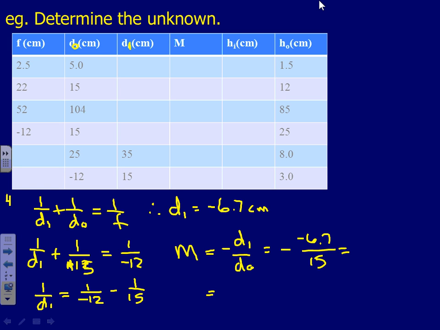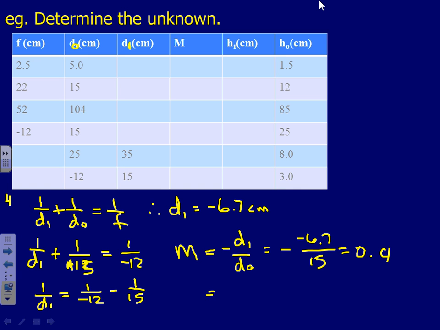Negative, but I've got a negative of a negative, so just 0.4, because the equation is negative di over do, and the di was negative itself, right? So that makes a negative fraction, and then I'm switching the sign because I've got an extra negative. So that's 0.4, did we say? 0.4?